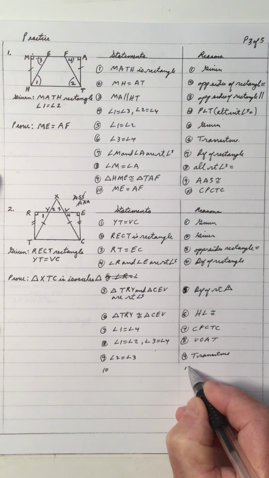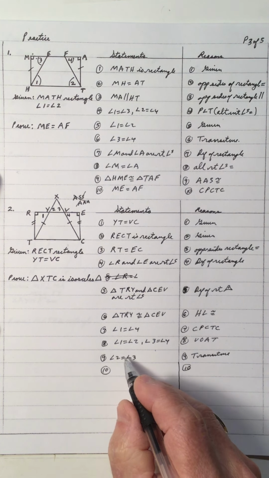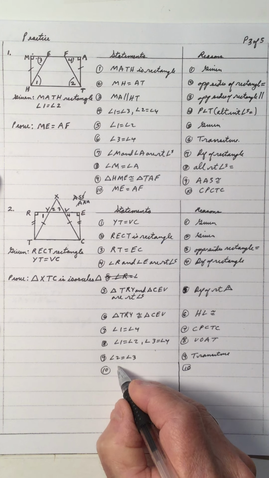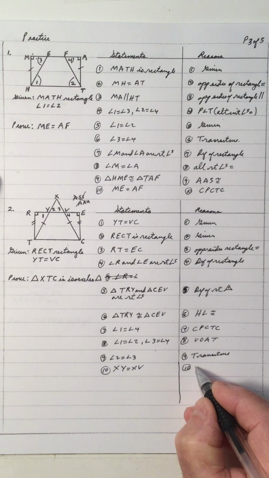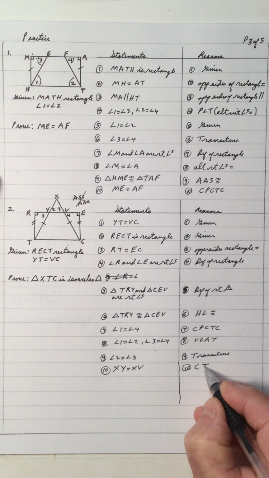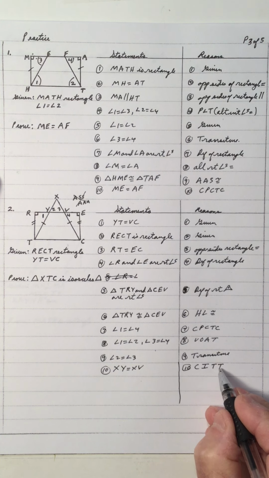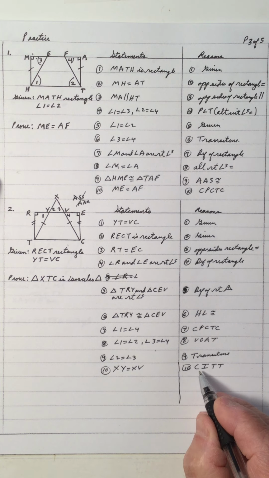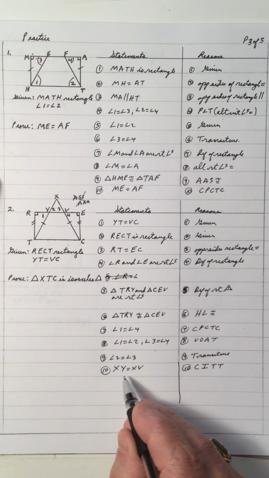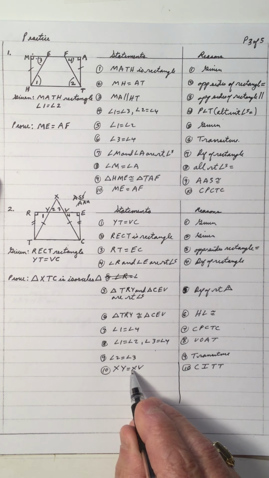And that leads us to, extend that down, that leads us to XY equals XV, and that's the converse of the ITT. So the ITT is the isosceles triangle theorem, which means that if you got an isosceles triangle, two sides equal, you get two angles equal. The converse is the reverse. If you got two angles equal, then you got two sides.